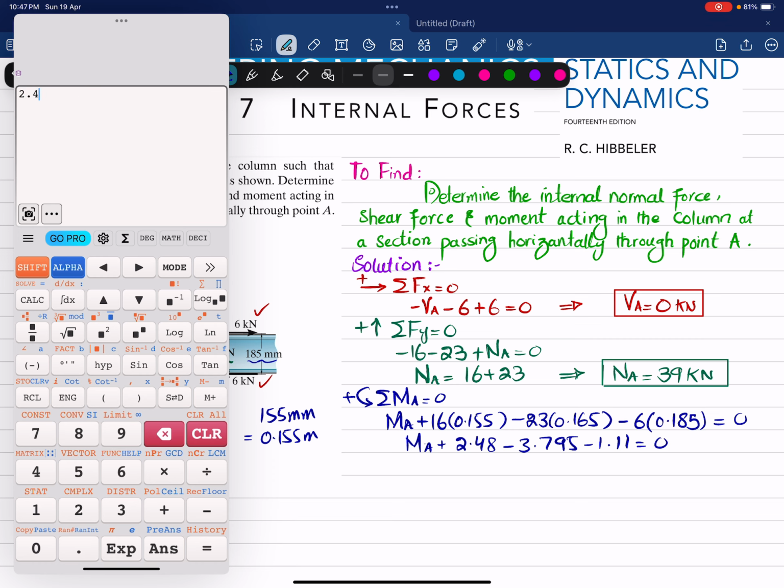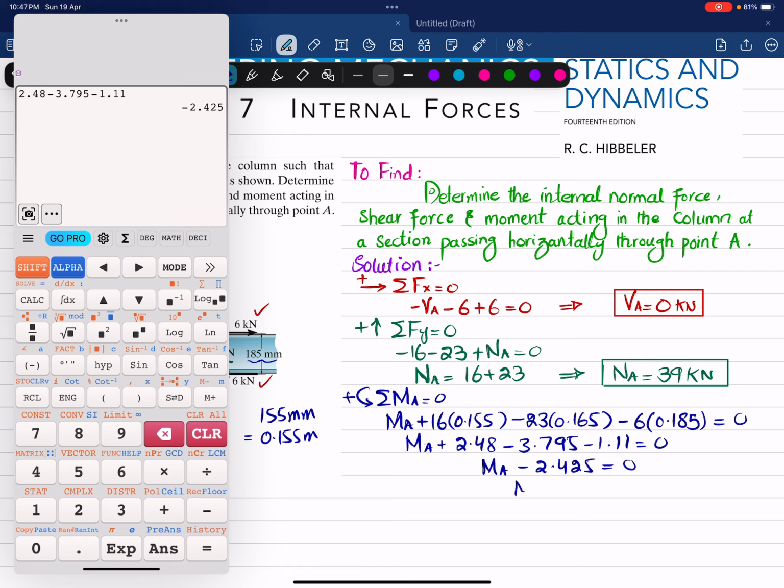Now 2.48 minus 3.795 minus 1.11 will give you MA minus 2.425 equal to 0.